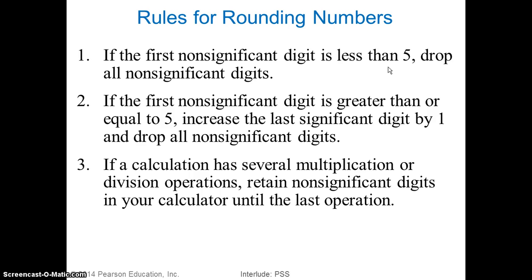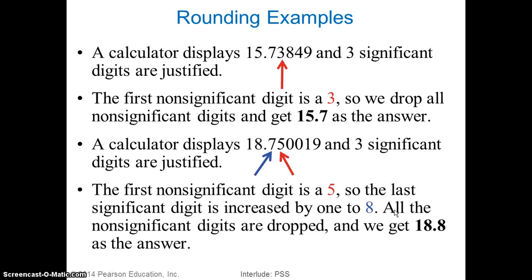We'll see an example on the next slide. Rule number 2: if the first non-significant digit is greater than or equal to 5, increase the last significant digit by 1 and drop all non-significant digits. And rule number 3: if a calculation has several multiplication or division operations, retain non-significant digits in your calculator until the last operation.